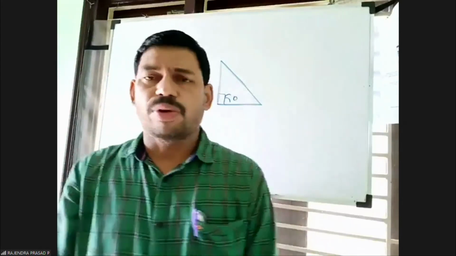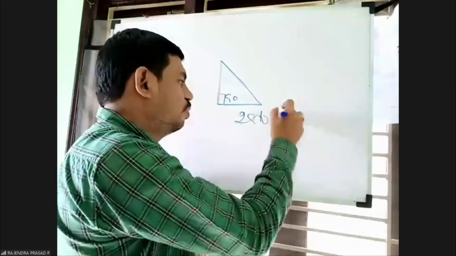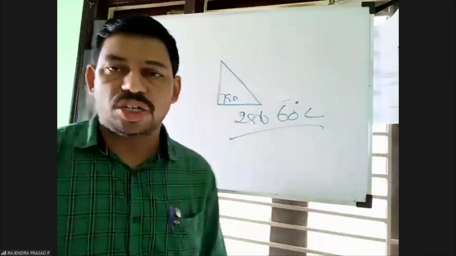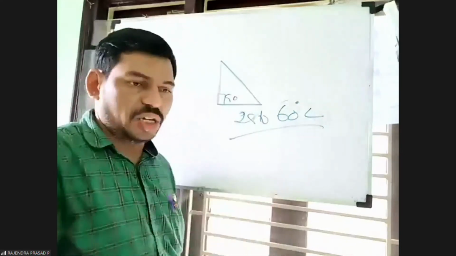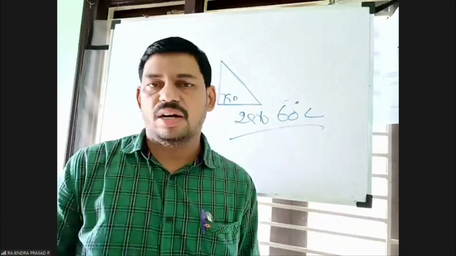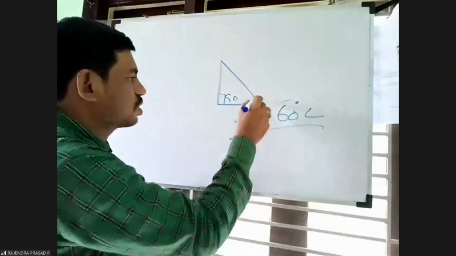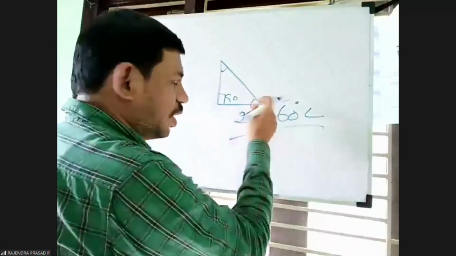It is heated from room temperature, 28 degrees C, to 60 degrees C. Is there any change in the angles? No change, the angles remain the same. Even if heated to 100 degrees, there is no change.